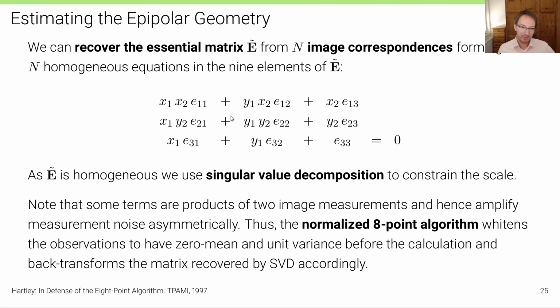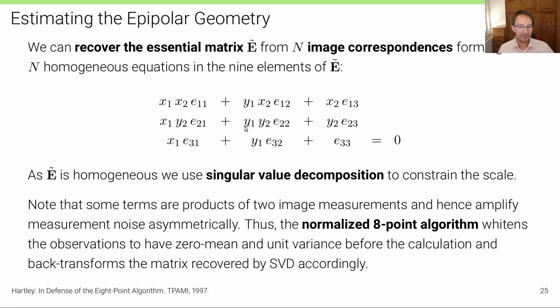Now, one thing to note here is that in this equation, some of the terms are products of two image measurements, and some of them are just products of one image measurement. This introduces some asymmetry, and if you have measurement noise, this amplifies the measurement noise.